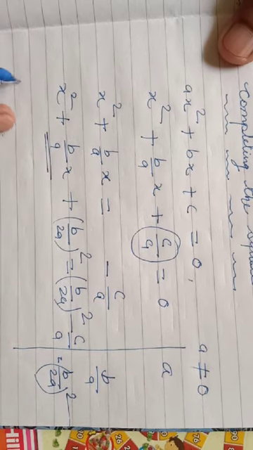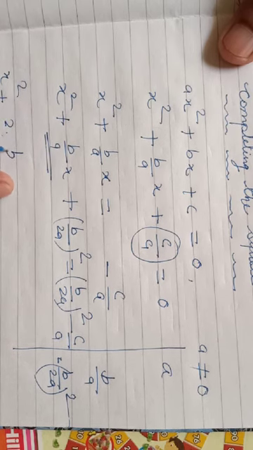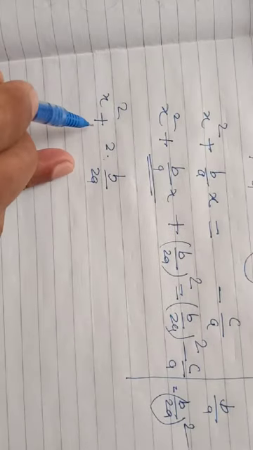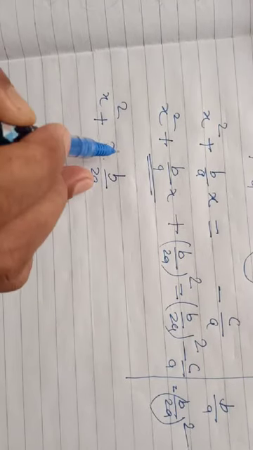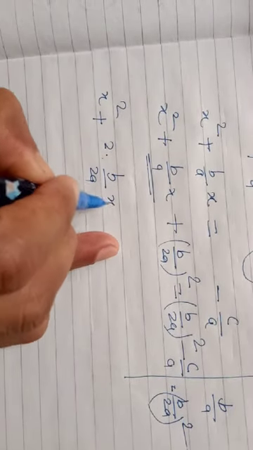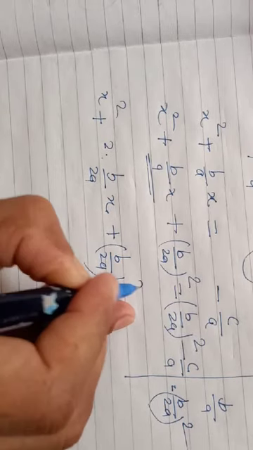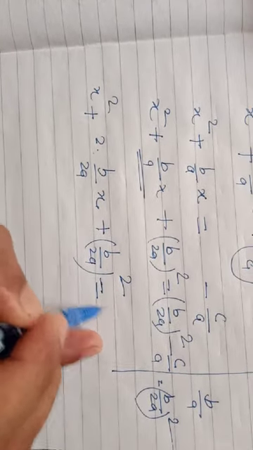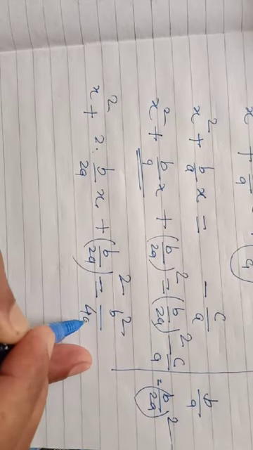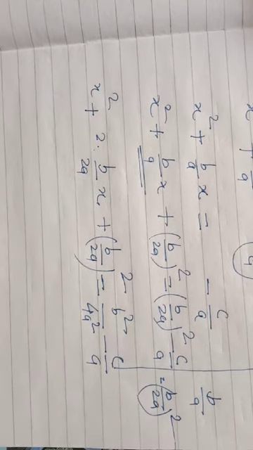We can change it like that: x square plus 2 into b upon 2a x. 2 divided by 2, what will be here? B upon a, it means no change. X plus b upon 2a whole square is equal to, just solve it here, b square upon 4a square minus c upon a.